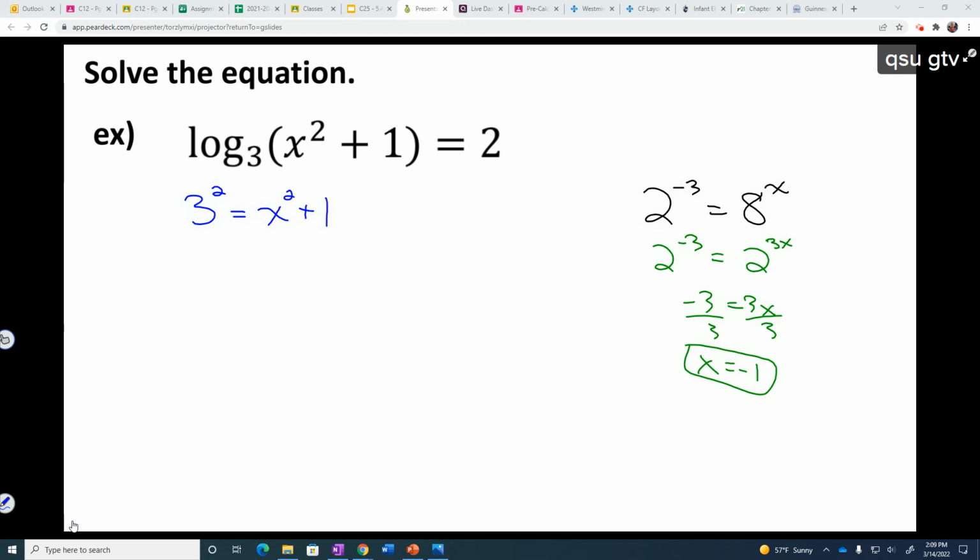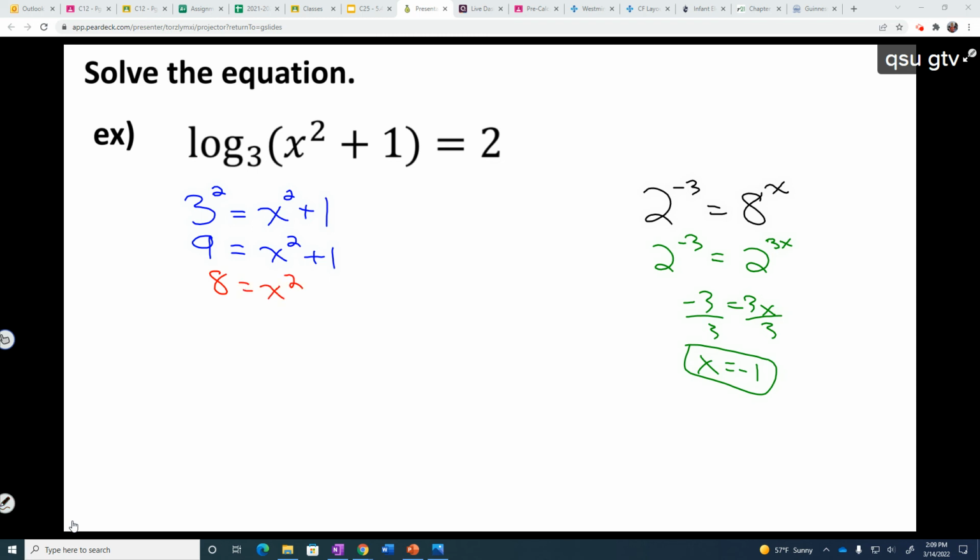On your homework, there's one where I think you have to factor, but you might actually have to use the quadratic formula. I'm not sure. Someone thought you did, so I guess we'll find out. So we get 9 equals x squared plus 1. So we just get the x by itself. We get 8 equals x squared.